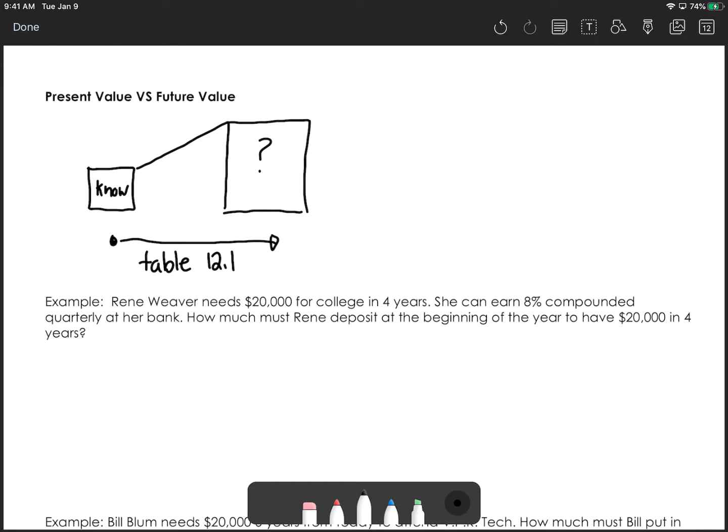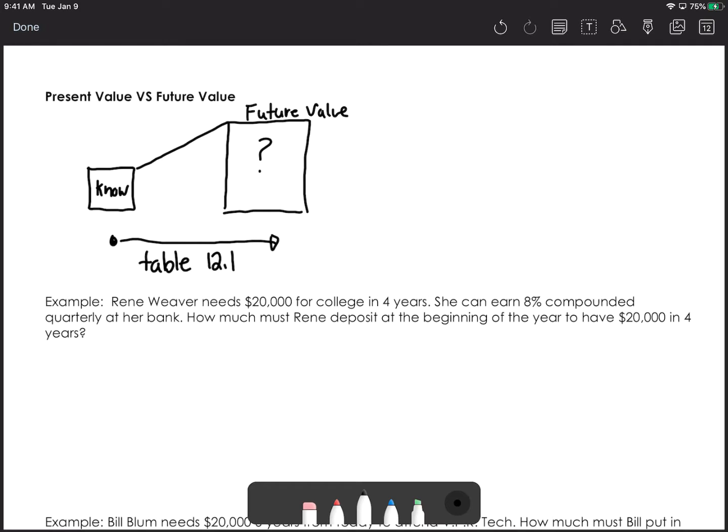So when we use table 12.1, that's the situation where we know the beginning amount or the starting amount, and we want to see how much it's going to grow to, which is why I put a question mark in that second bigger box. It's called the future value because we're literally trying to figure out what the value will be in the future.